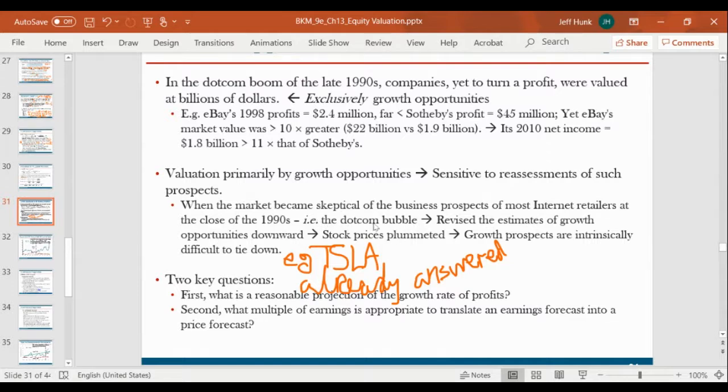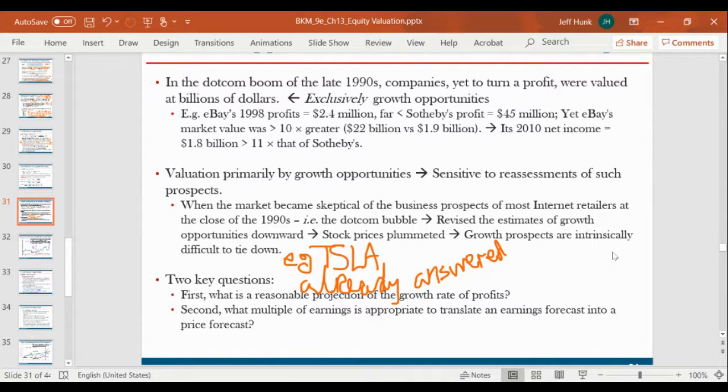In the 1990s there was a dot-com bubble, and then it burst, in 1999, 2000. The market revised the estimates of growth opportunities downward, so all stock prices plummeted. That's called the bursting of the dot-com bubble.